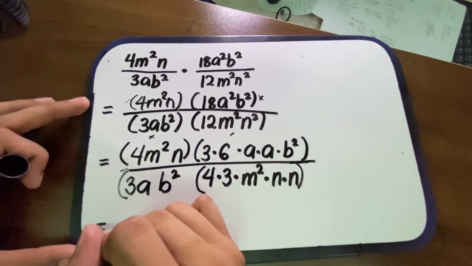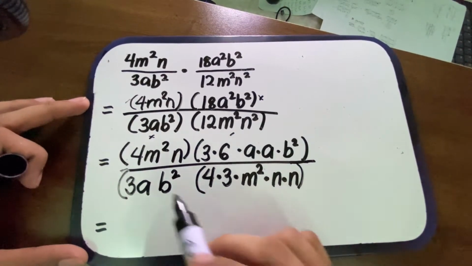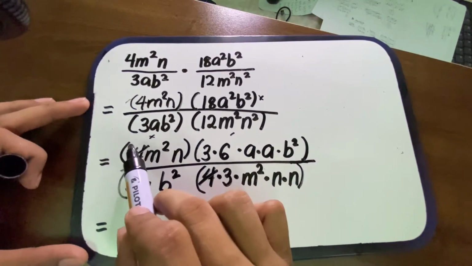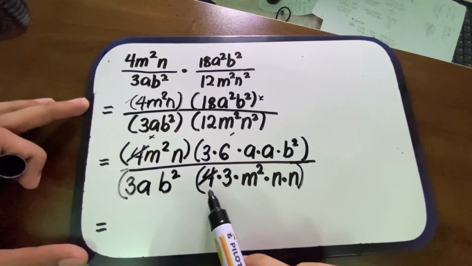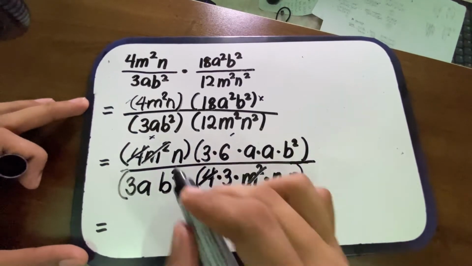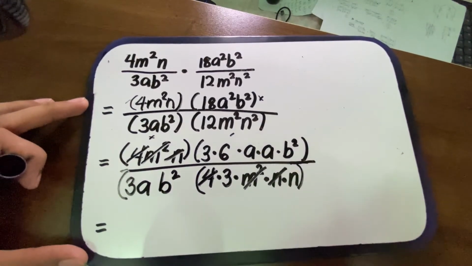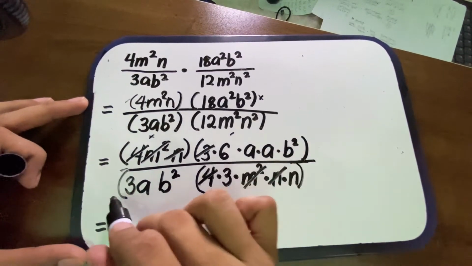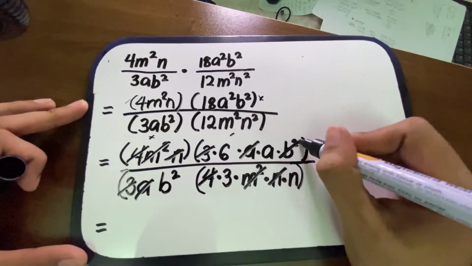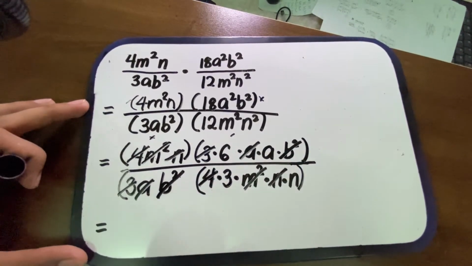Next is, we have to do the cancellation. So what we have cancelled in the numerator should be cancelled also in the denominator: 4, m squared, n, then 3, a, then we have b squared.